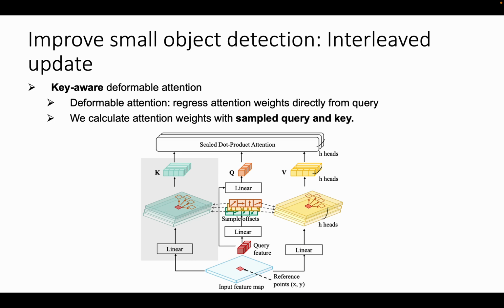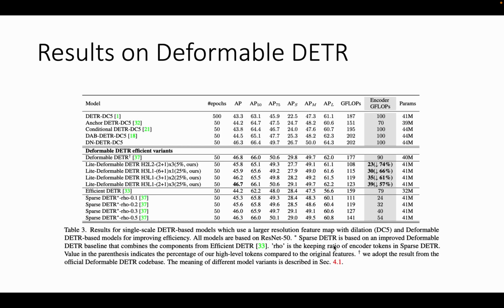We think that in our scenario this may not be applicable, because the attention weights may not be so reliable, as we update the high-resolution and low-resolution maps at different frequencies. So we designed it to calculate attention weights with both sampled query and key. The left part is the original design, which does not sample the key. We sample both key and query to produce the attention weight.